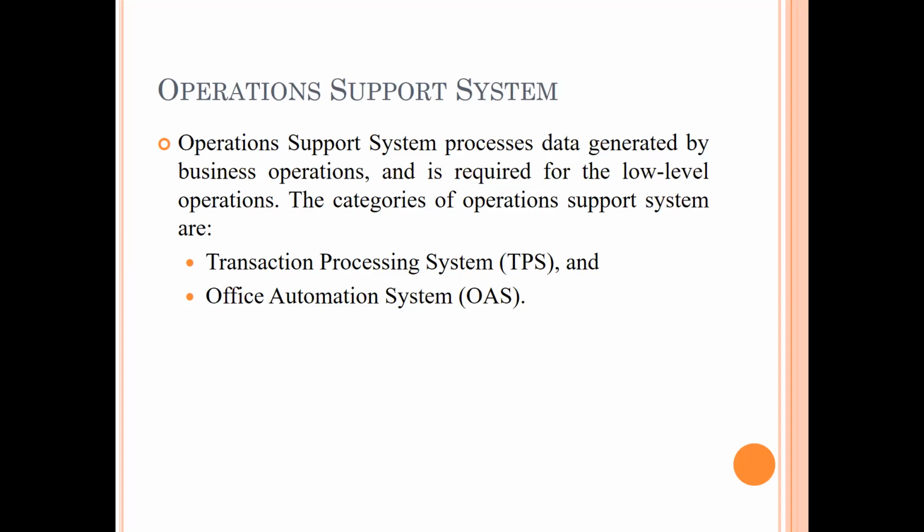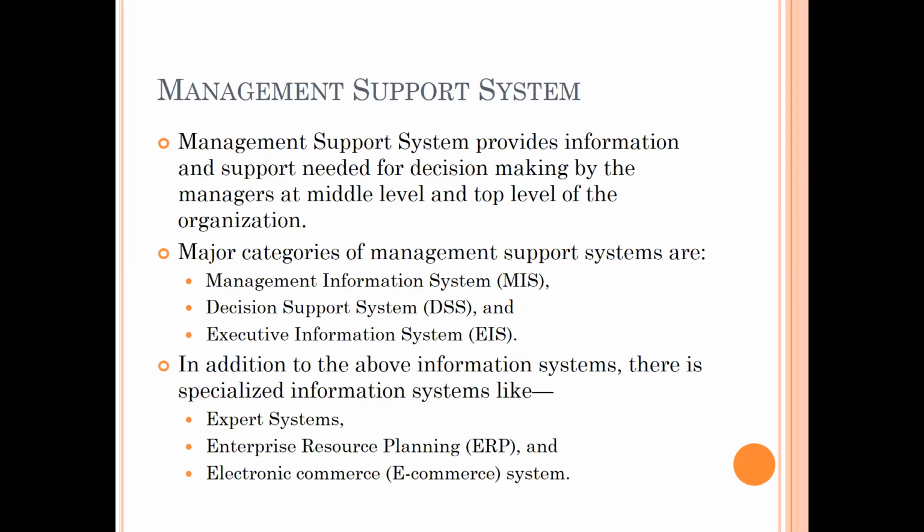The operations support system processes data generated by business operations and is required for the low-level operations. The categories of operations support system are the transaction processing system and the office automation system. We also have management support systems. The management support system provides information and support needed for decision-making by managers at middle level and top level of the organization.